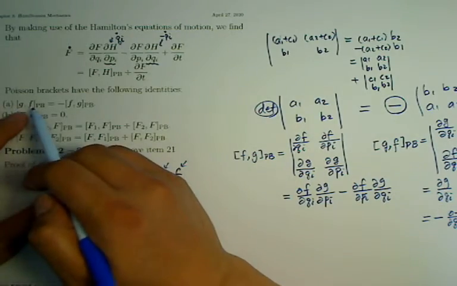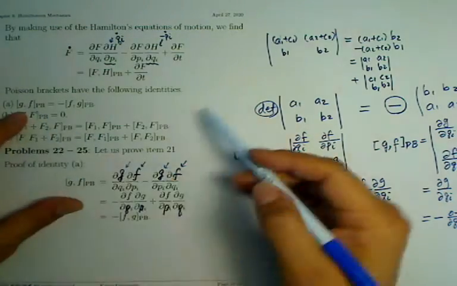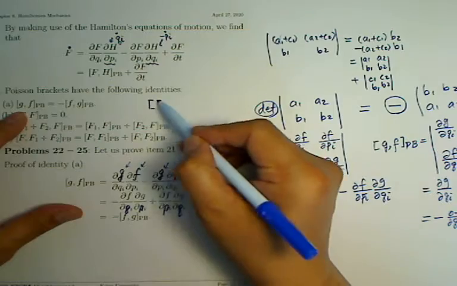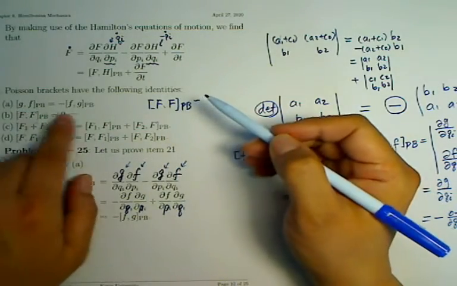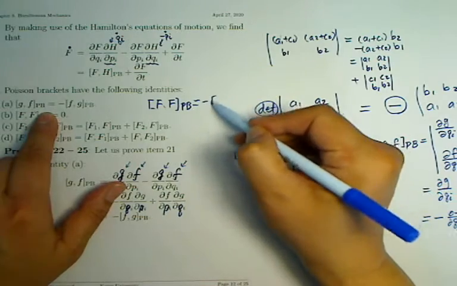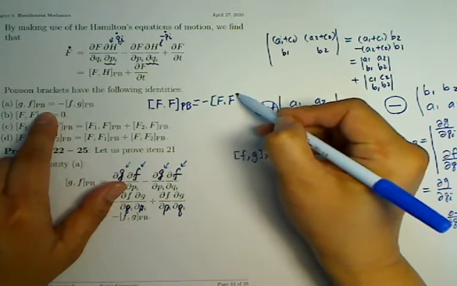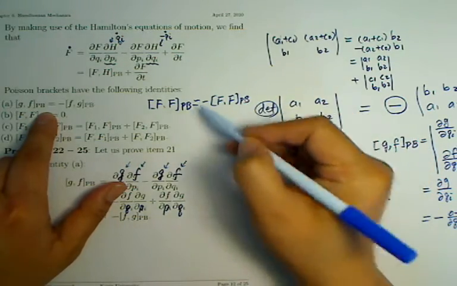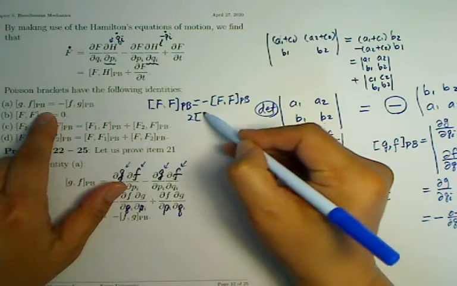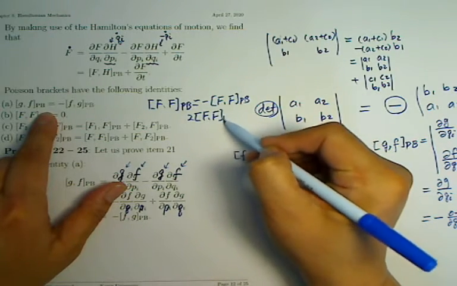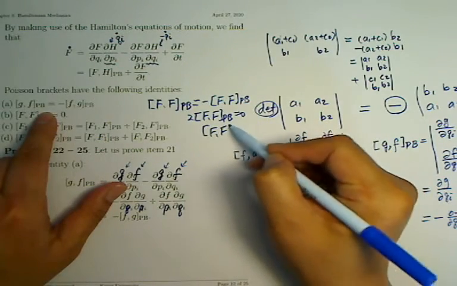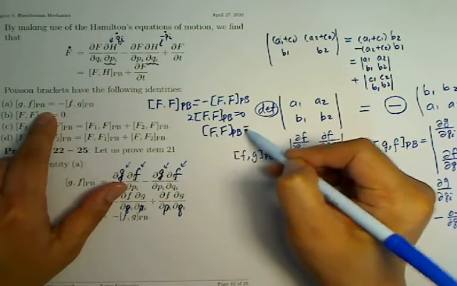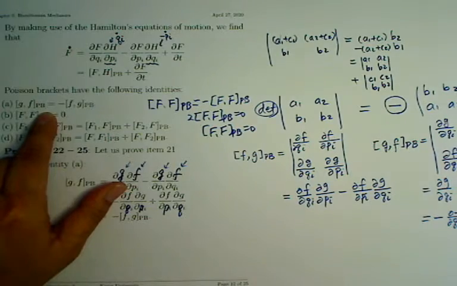If they are the same, if I put the same thing, the Poisson bracket of F and F is minus the Poisson bracket of F and F. Moving this to the left hand side, 2 times the Poisson bracket of F and F equals 0. So the Poisson bracket of the same mechanical function becomes 0.